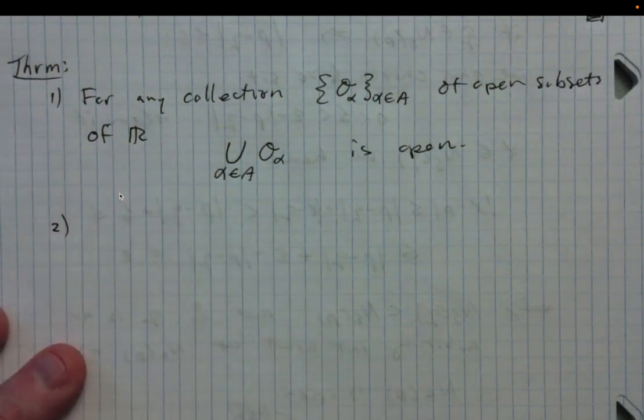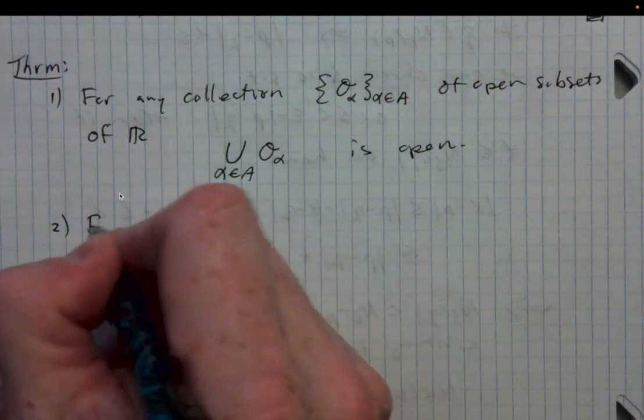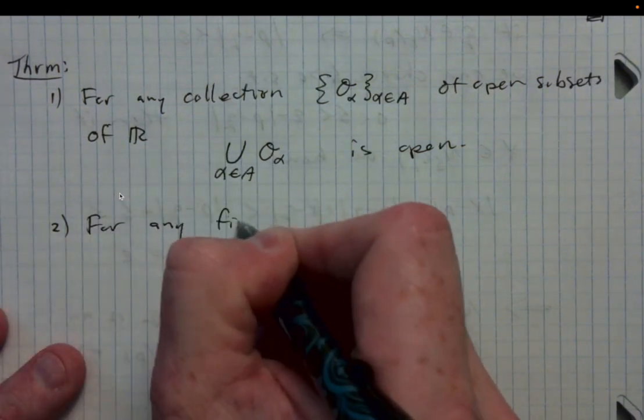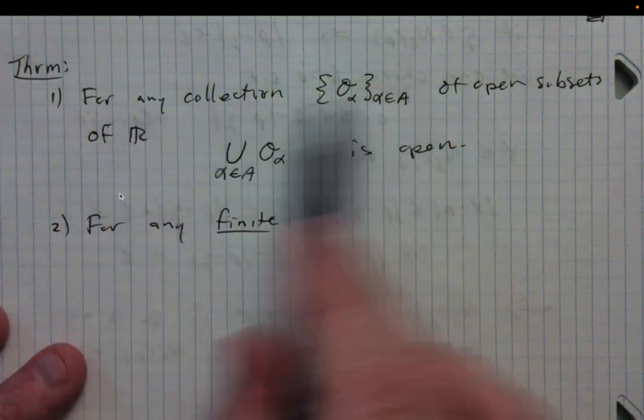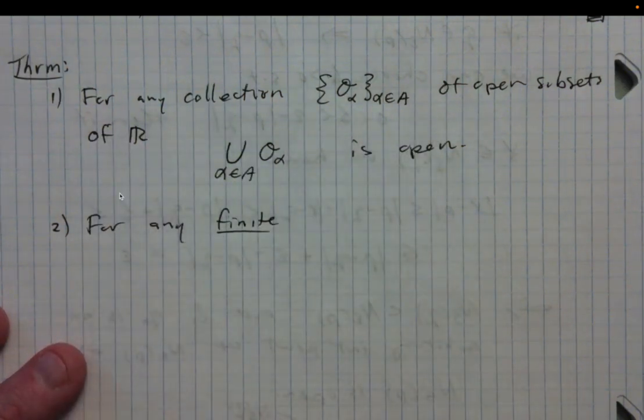In the second part, this is different from the previous one. The previous one can be infinite. This one requires that the collection be finite.